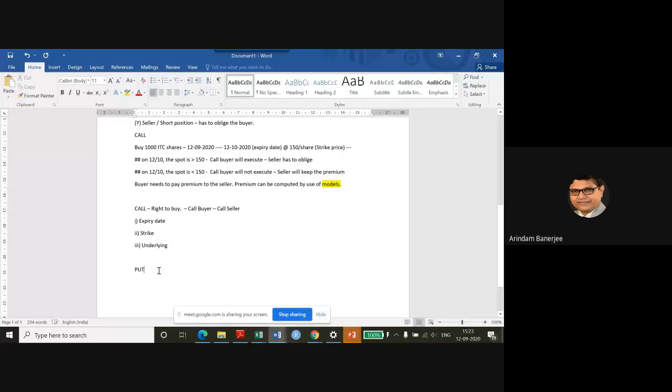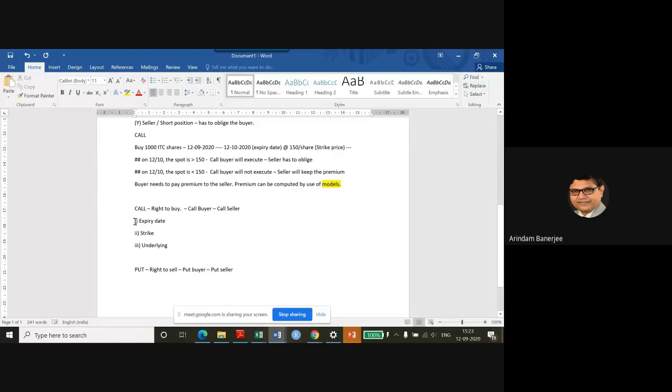The put, on the other hand, is a right to sell. So there are two parties. One is the put buyer and the other one is the put seller. The other parameters are the same.